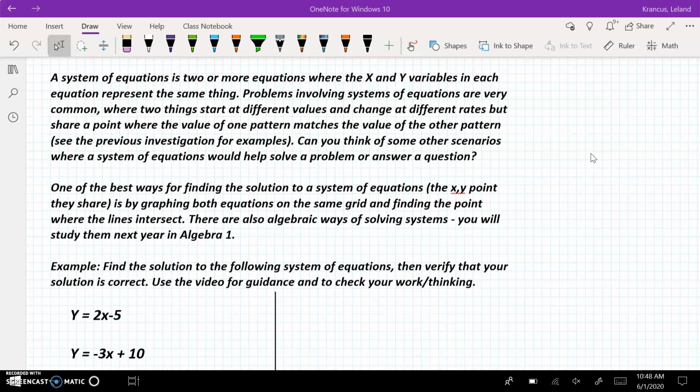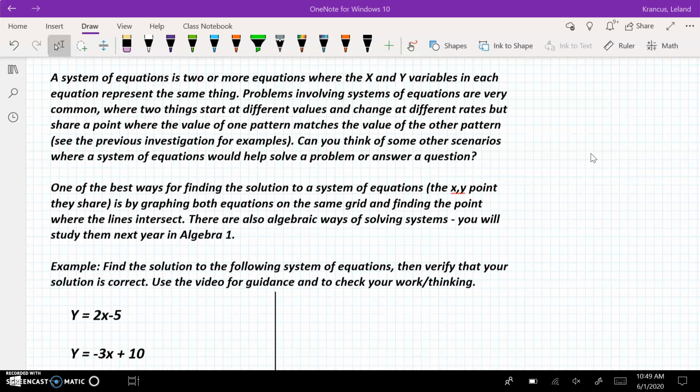A really good example is cell phone plans, because they tend to have options where it's just a flat rate, or maybe a flat rate plus an extra amount per gigabyte of data. If you're trying to figure out which of two cell phone plans works best for you, you might be looking for the system of equations, like at what number of gigabytes of data usage would two different plans actually cost the same.